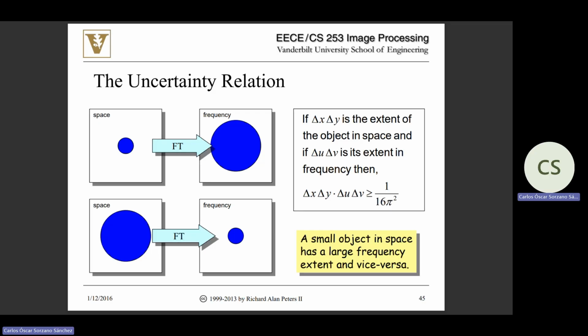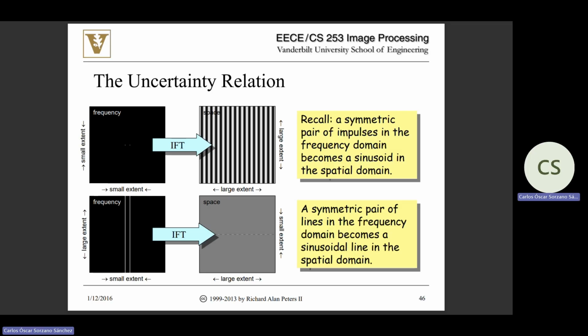The formula is not this one, but it is trying to say that the support of the signal in real space times the support of the signal in the other space has to be larger than something. If one is very small, the other has to be very large so that the product is still larger than that.